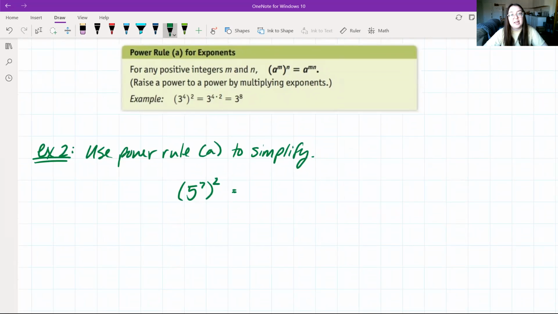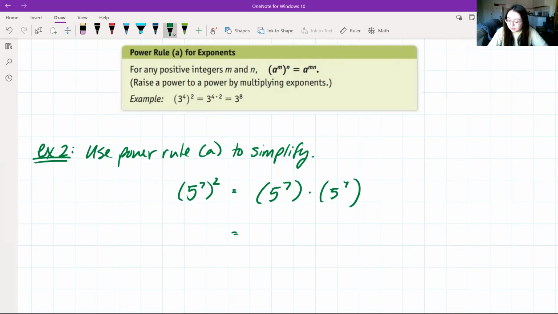So we can go ahead and do a problem on this as well. So example 2, we want to use power rule A to simplify 5 to the power of 7, also to the power of 2. So this is like saying 5 to the power of 7 times 5 to the power of 7. 2 was our exponent, 7 was our exponent, but we're treating 5 to the power of 7 as our base.